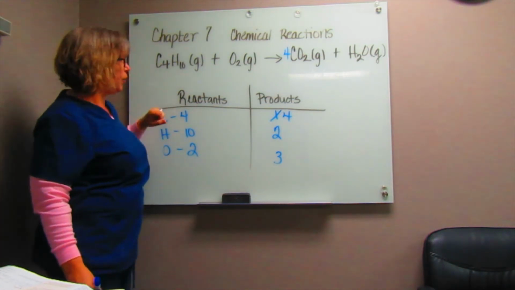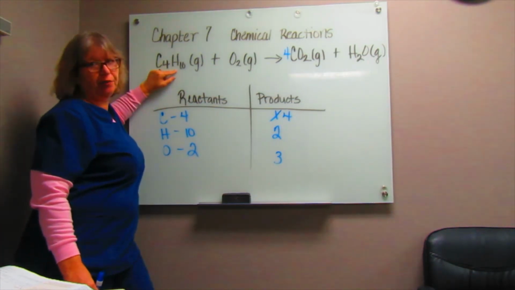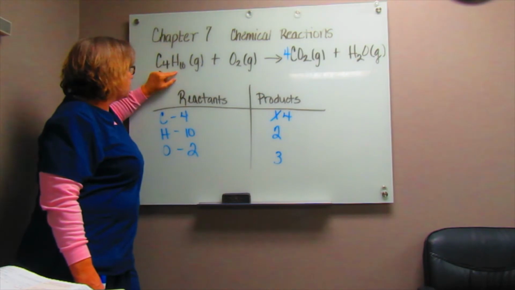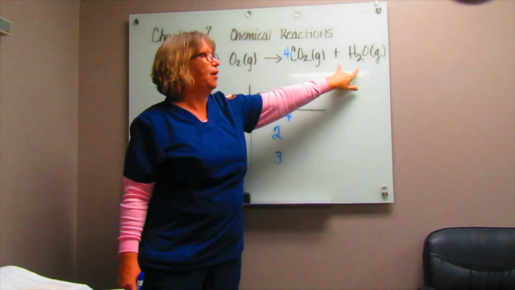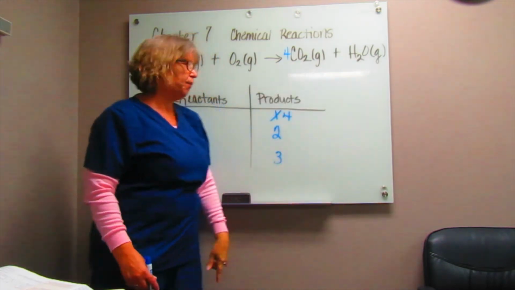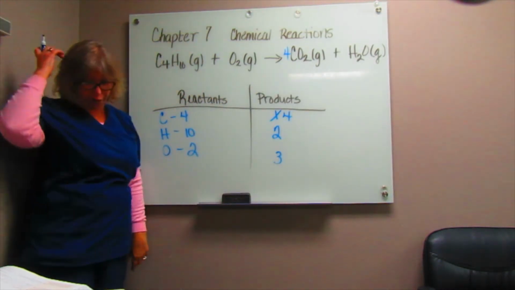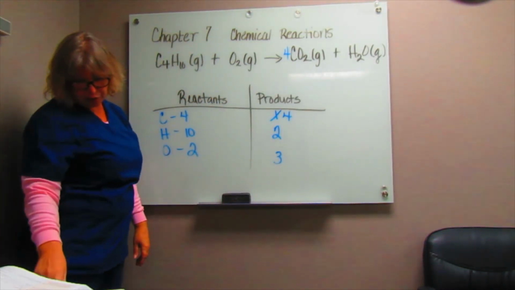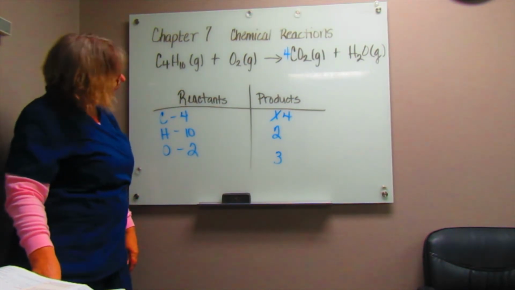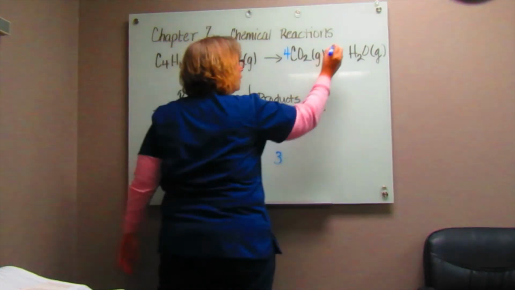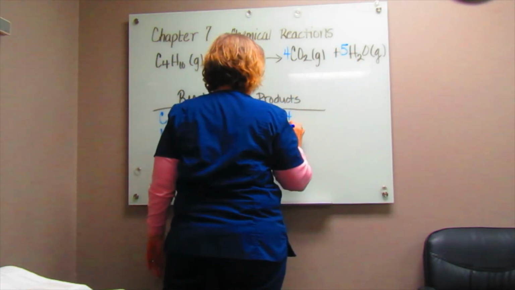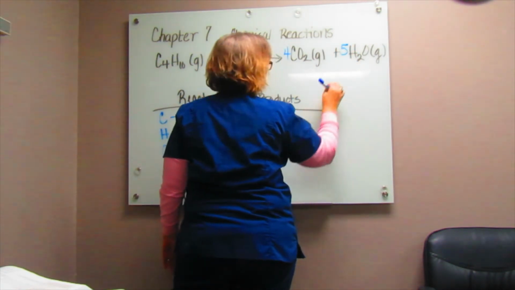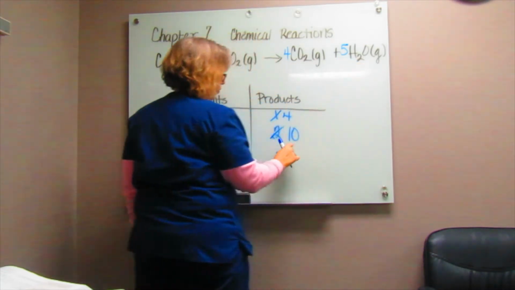Then the next thing that we're going to do is look at our hydrogen. On the reactant side we have 10 hydrogen, and on the product side we have 2 hydrogen. So the best thing for us to do is to add a 5 coefficient to our hydrogen here, because 5 times 2 equals 10.